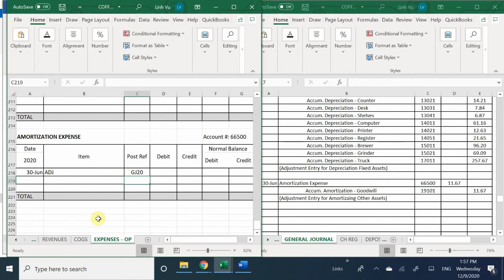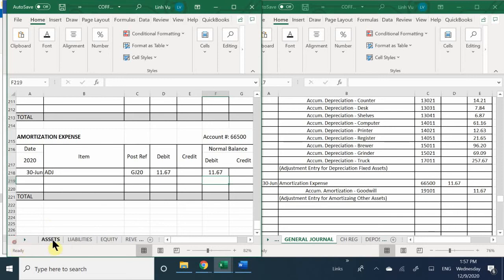It's just adjustment because you're already in the amortization expense. And that's in the debit column, 1167. Whatever you write in the journal doesn't always mean you have to reflect it in your ledger. The journal is gonna have more description. The ledger is gonna be very short and sweet.